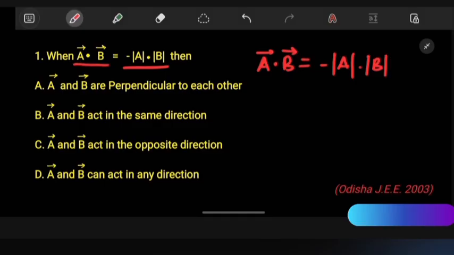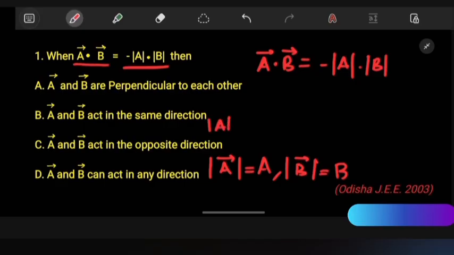This is given in our formula. So let us take the magnitude of these two vectors. We will write it simply as a, and b vectors also simply b. And here mod a is nothing but indicating the magnitude of a vector. So we can also write mod a as a and mod b as b. It will simplify our equation.